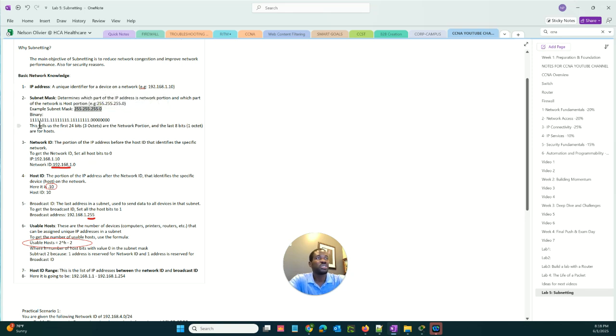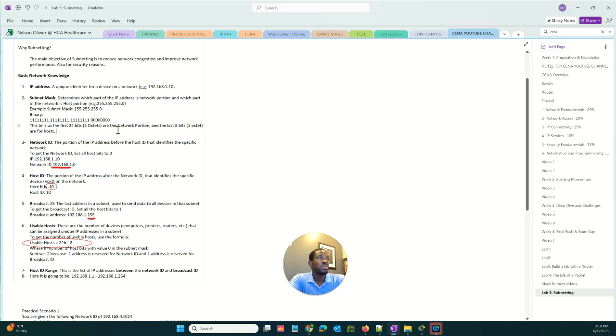The binary notation for this is eight 1s, eight 1s, eight 1s, and then eight 0s. So each 255 is equal to eight 1s, which gives 24 bits. That's 3 octets, and 1 octet is 8 bits.